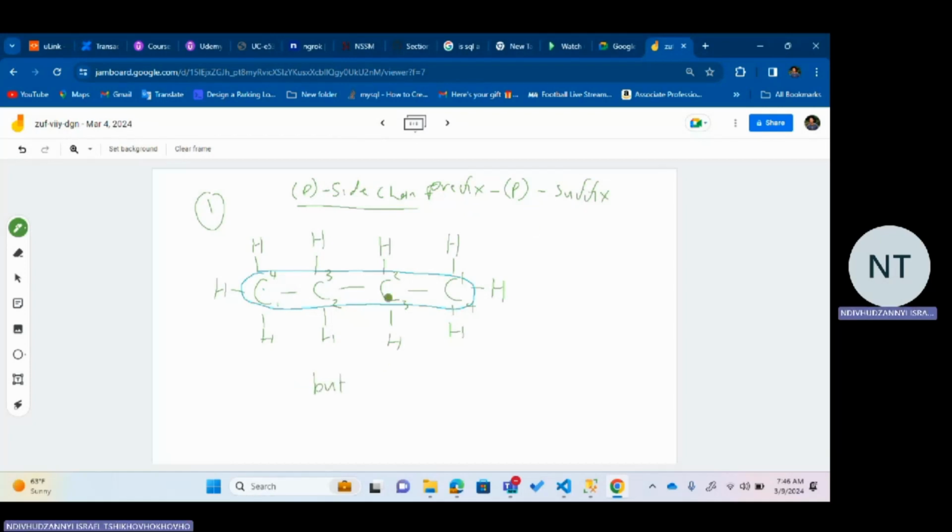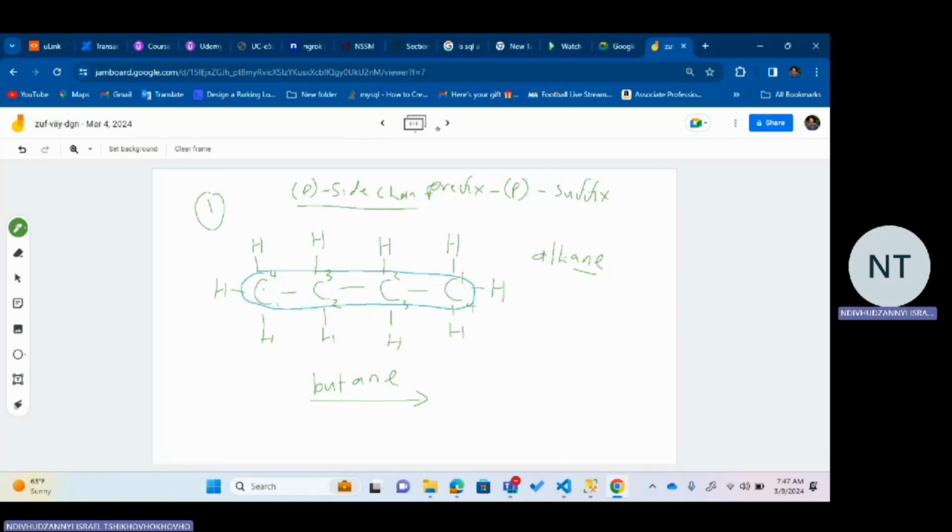For position, we don't have any position because there's no double bond or any other functional group on any C atom. Then the suffix: because we're dealing with alkane, it's a single bond, and the suffix of alkane is -ane. So we'd call this butane.